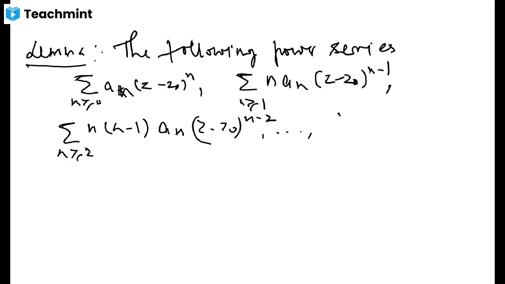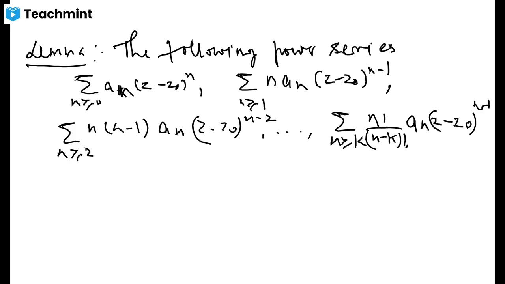Differentiating repeatedly, you will have n greater than or equal to k, n factorial upon n minus k factorial a n z minus z naught to power n minus k. All these power series have the same radius of convergence.